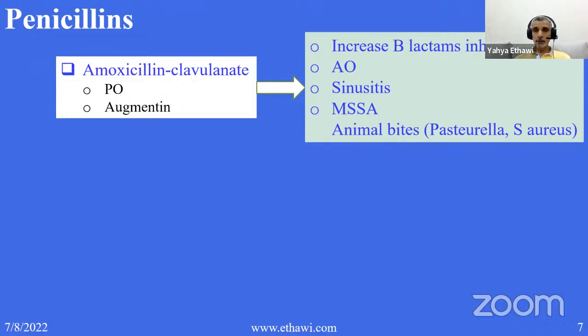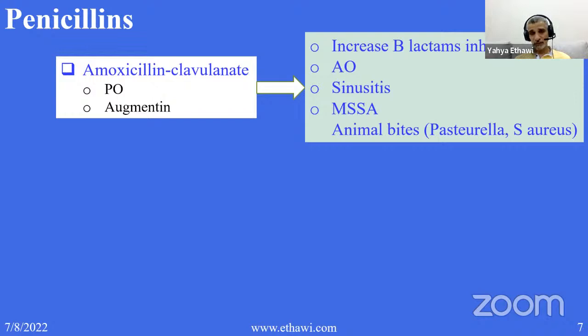Group B is also called Streptococcus agalactiae, and they commonly inhabit the female genitalia and are a very common cause of neonatal infection. Group A has many types. We have Streptococcus pneumoniae and Streptococcus pyogenes, or group A.